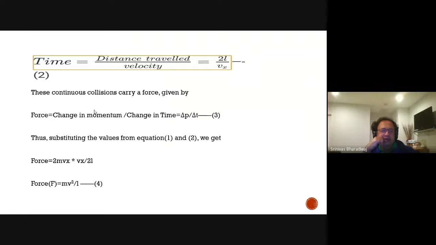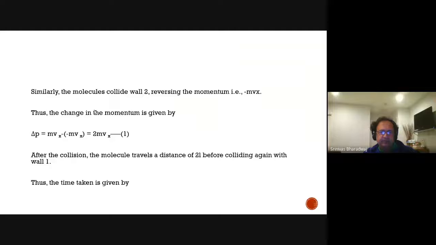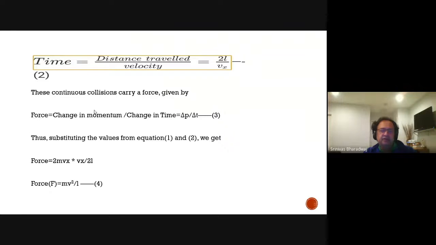The change in momentum is 2mvx, and the corresponding time is 2l by vx. So 2mvx divided by 2l by vx is delta p by delta t, which is roughly m vx square by l.